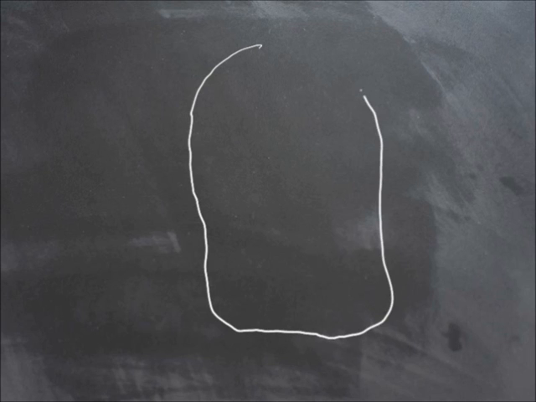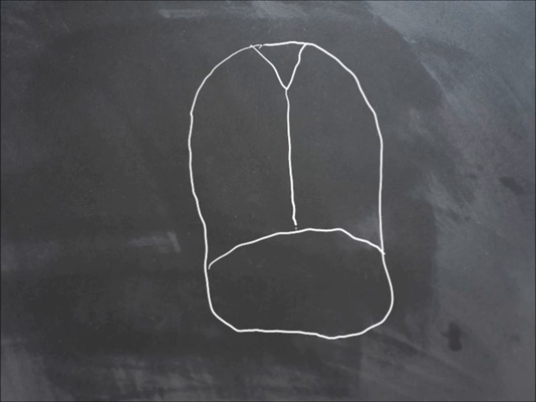Now we'll look at the superior aspect of the skull, just so we can have a look at some sutures. So here's a suture, here's another suture, here's another one.